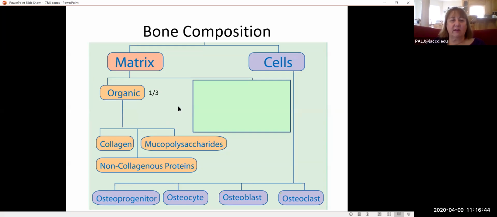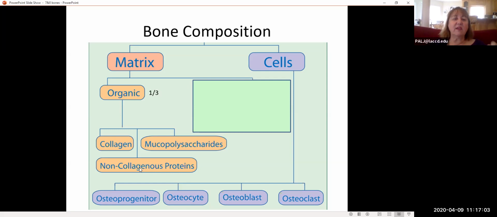Looking at the matrix, 1/3 of it is organic, meaning it contains carbon. And so the portions that contain carbon are going to be your collagen fibers and all your non-collagenous proteins. So your protein fibers, they're all organic.